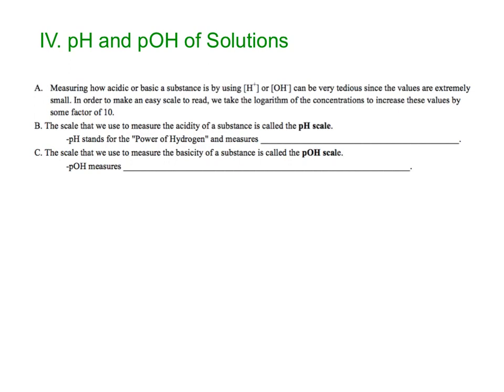So I don't know about you, but all of these numbers raised to the negative exponent starts to be a lot. And so in order to make things a little easier to read, they came up with a logarithmic scale. So we're going to use that log button on your calculator. So the pH scale is a logarithmic scale that measures the acidity of a substance. pH stands for the power of hydrogen, and it simply measures the concentration of hydrogen.